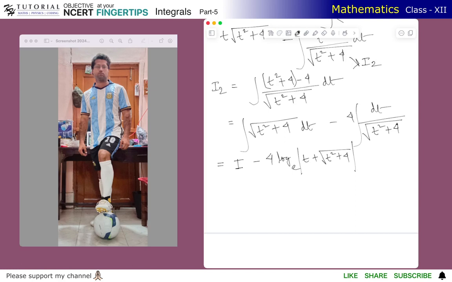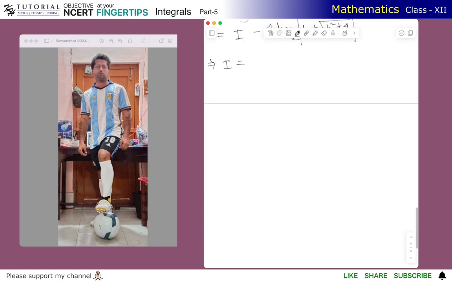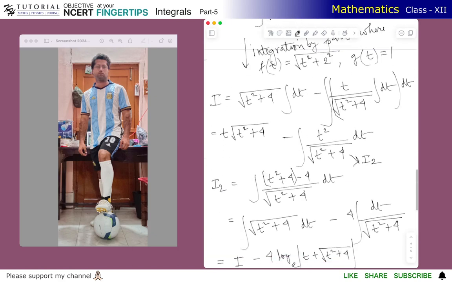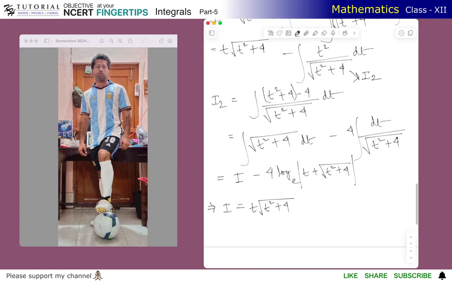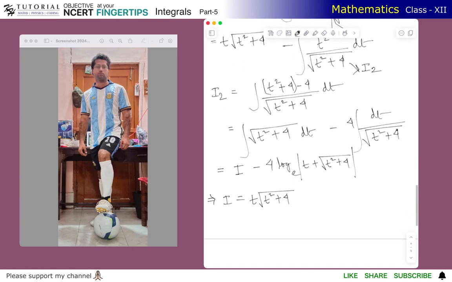Okay, so this implies I equals t root over t square plus 4 minus I2.